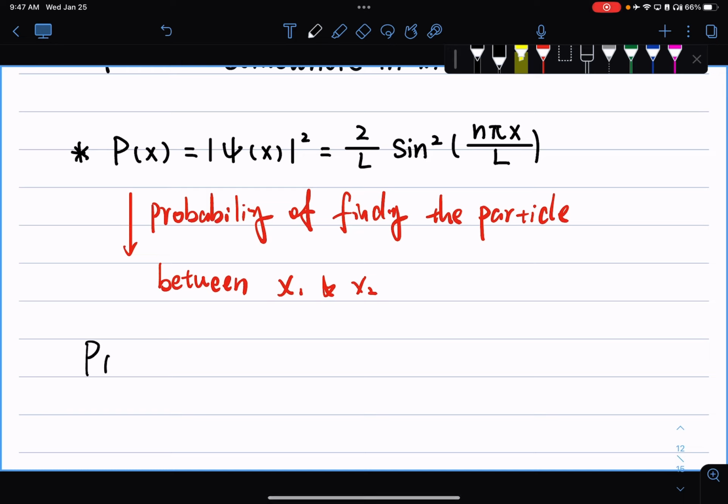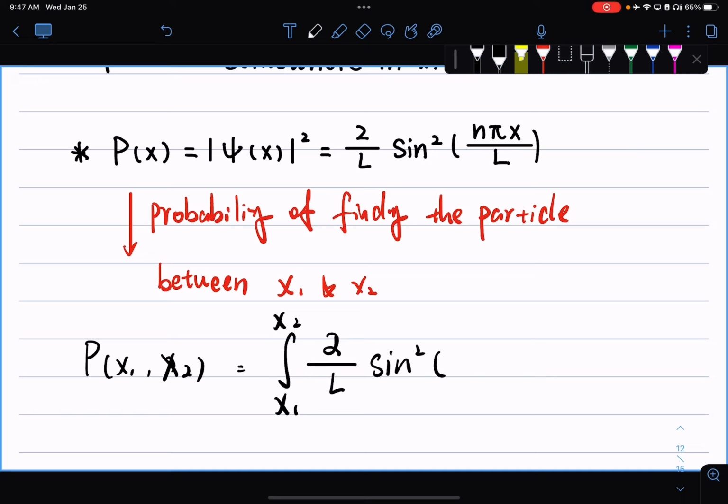We have P from x1 to x2, given by this integral. In there, we have phi x squared, which is 2 over L, sine squared of n pi x over L, dx.